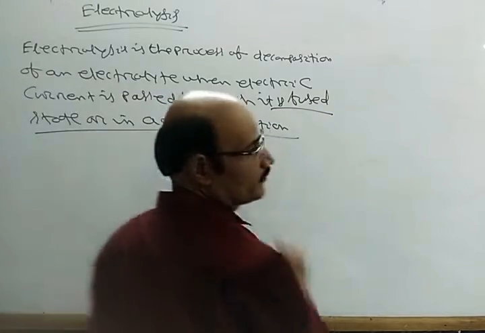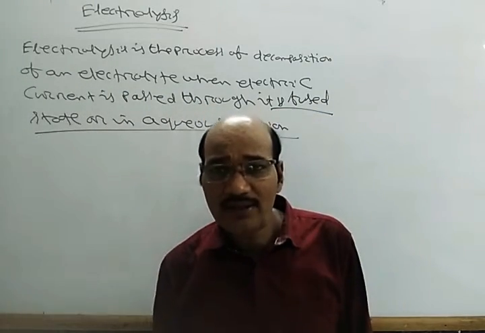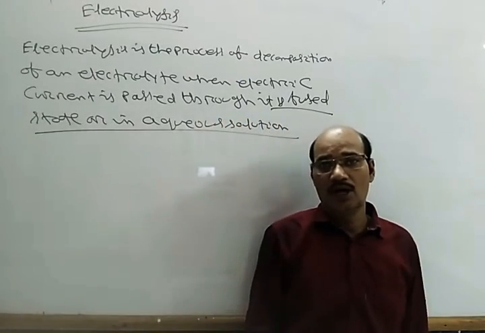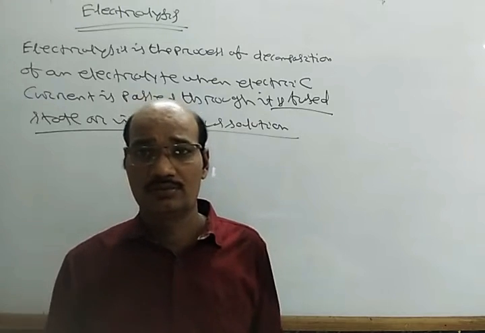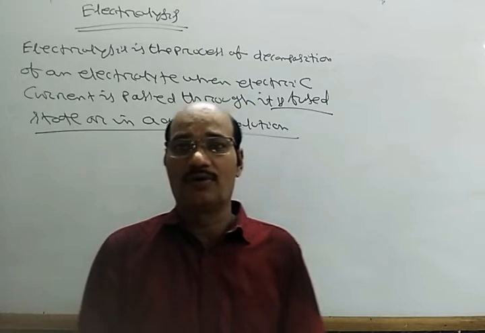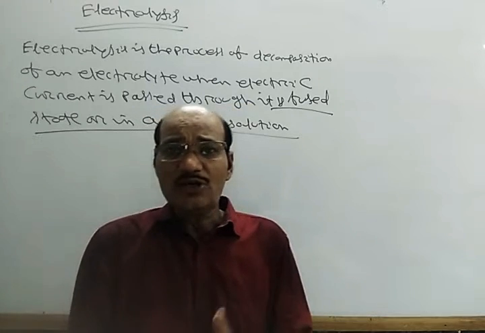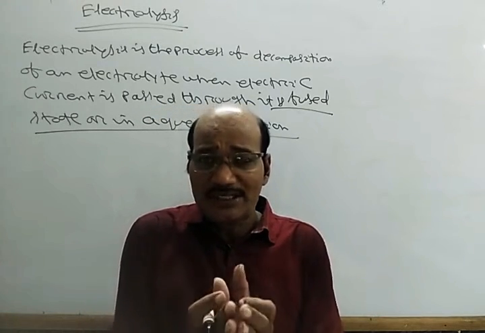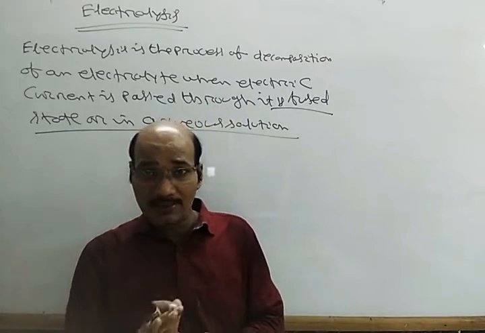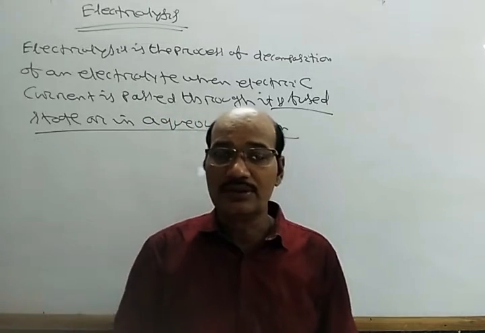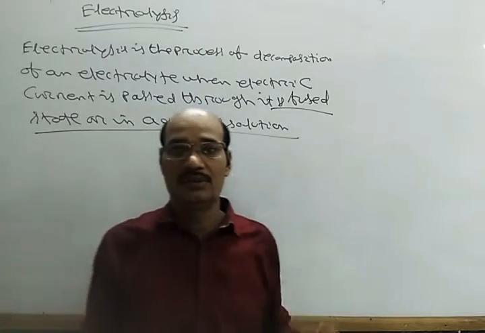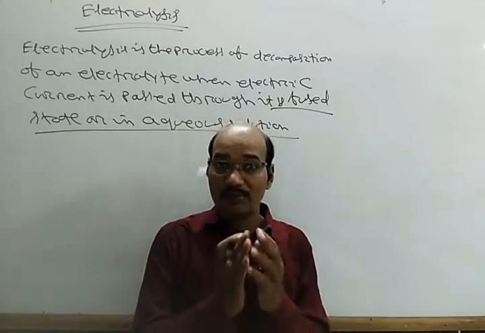Now we see when the electrolyte is in its fused state or in its aqueous solution, that means the electrolytes are already in the ion form. So when you take the electrolyte and fuse it, it is splitting up into ions. Now when you pass the electric current, the ions will dissociate, they will separate, and they will migrate, they will move.